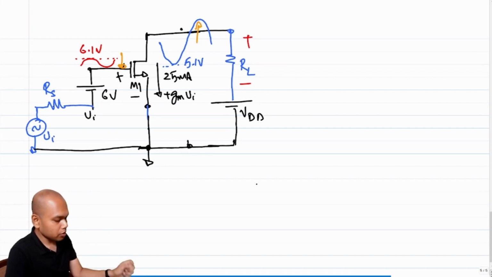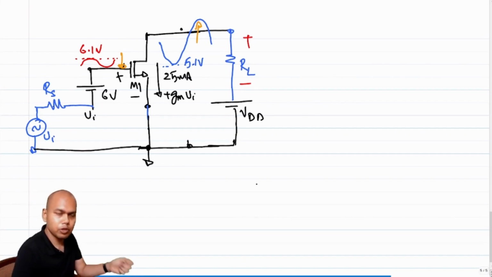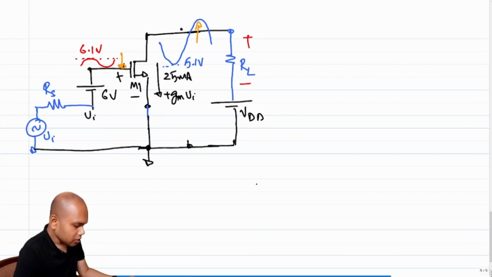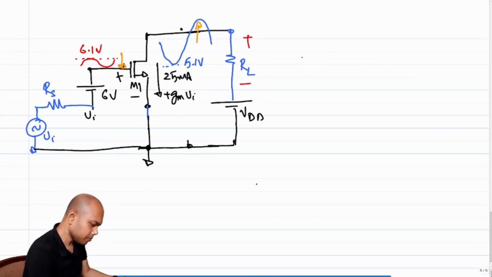So the gate to source voltage is reducing, which essentially means that I am pushing the transistor more and more towards the cutoff region, right? I'm pushing the transistor more and more into the cutoff region by simply reducing the current further and further, right? So what is the total current? Total current, that is IDS.